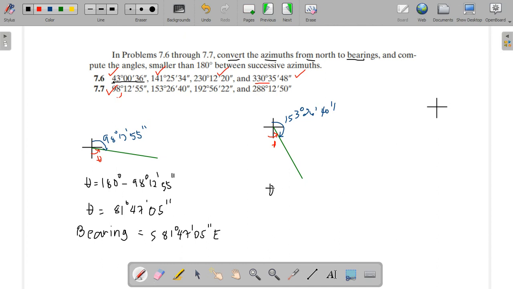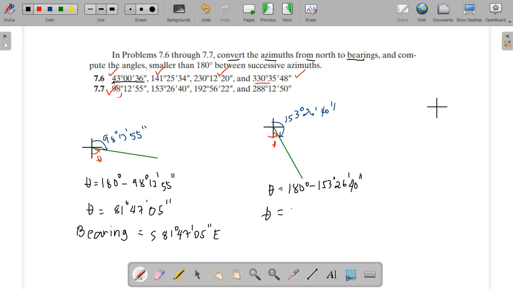You need to solve for the angular distance. Angular distance is equal to 180 degrees less 153 degrees 26 minutes and 40 seconds. So theta, get your calculator, plug in 180 degrees less 153 degrees 26 minutes and 40 seconds.